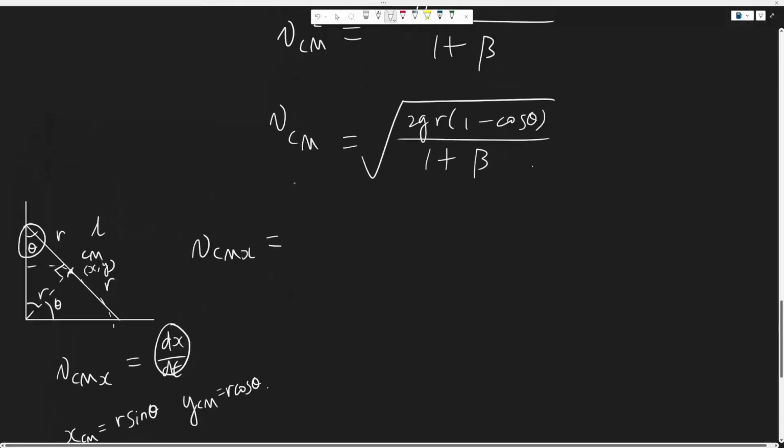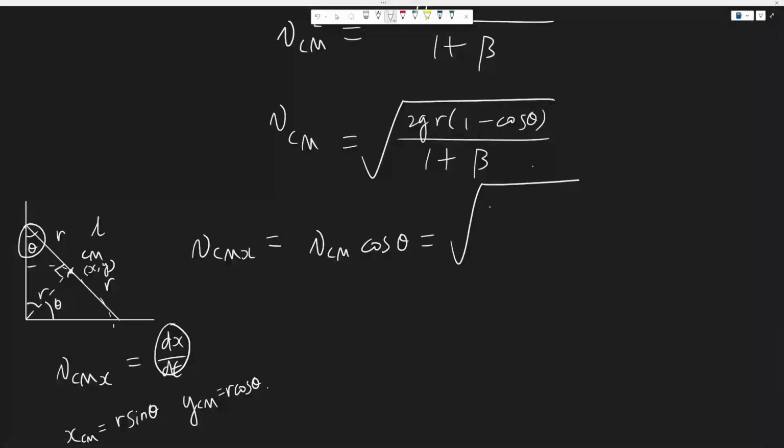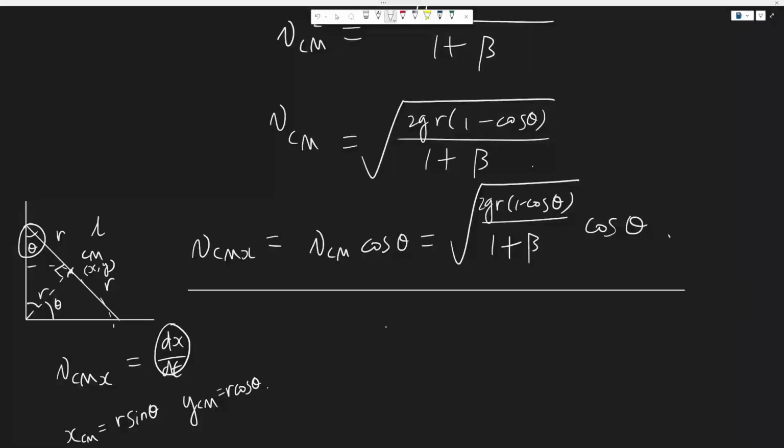And so we get the expression: vcmx equals the square root of 2 g r 1 minus cosine theta over 1 plus beta, times cosine theta. And now how do we find the maximum of this expression? Well, we just find the point where the derivative of this is 0. So we're trying to find the point where d vcmx over d theta equals 0.